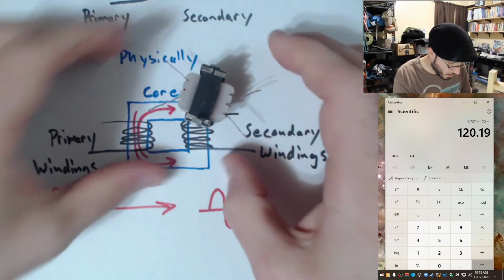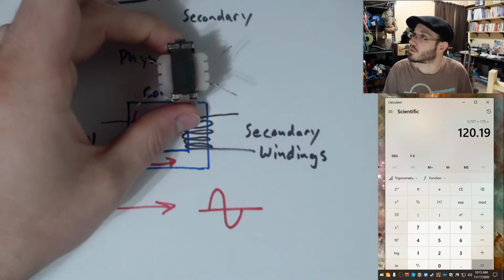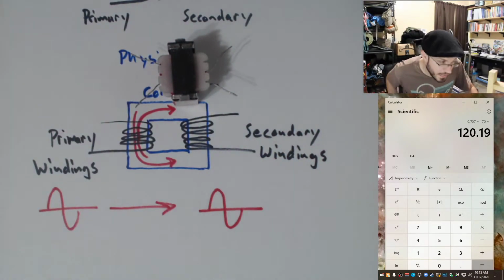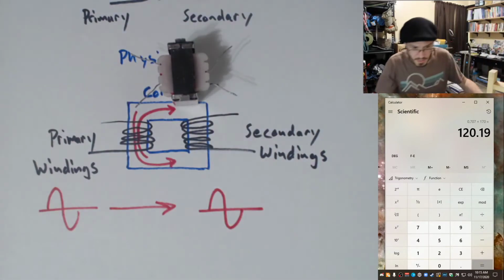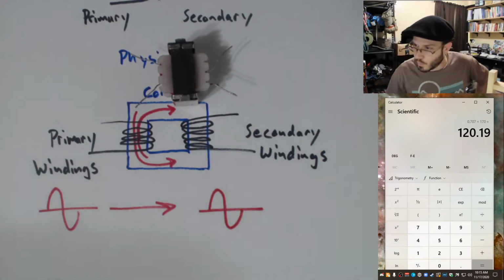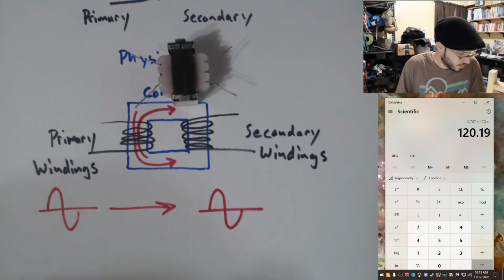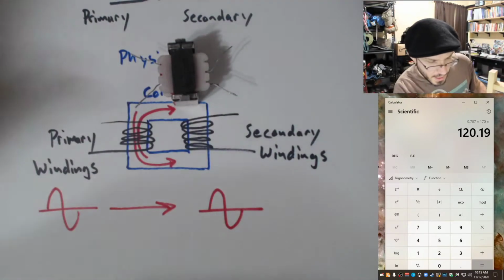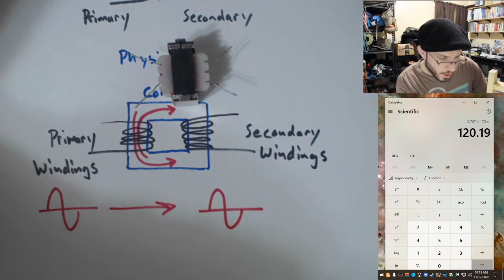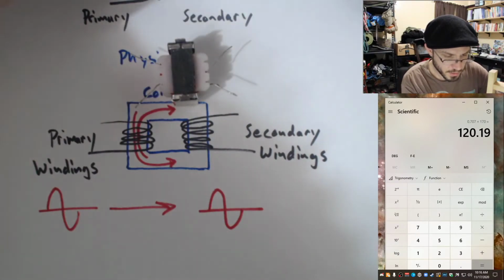In fact, if you don't mind, I'm going to flip this upside down so it stays in place a little better. And I am going to turn on an instrument called an oscilloscope.